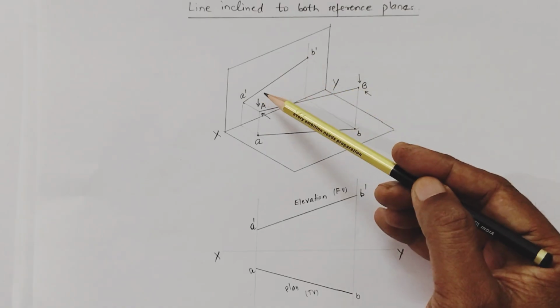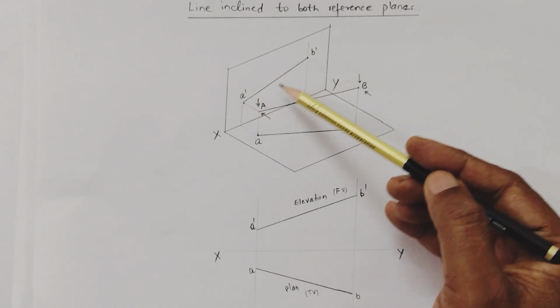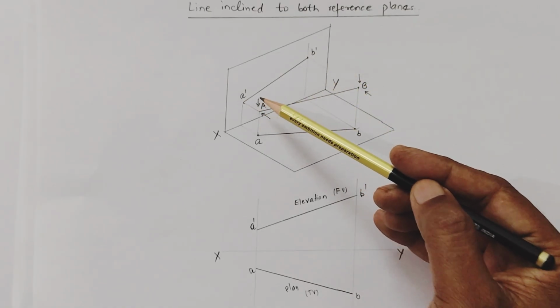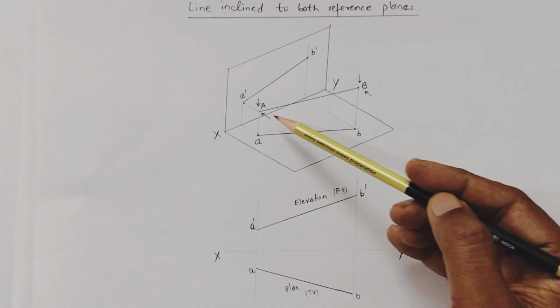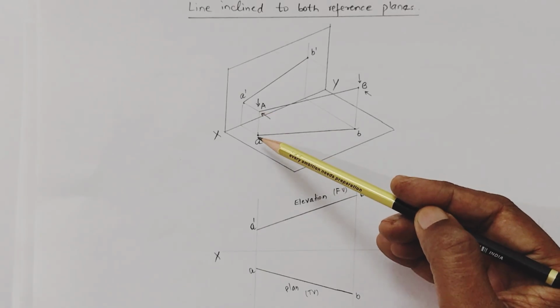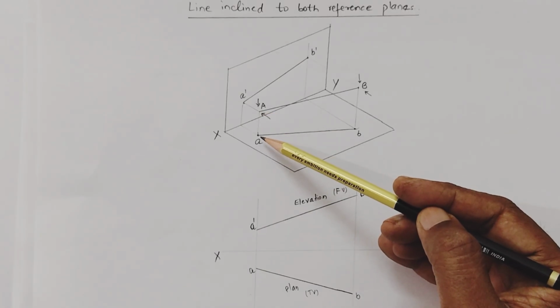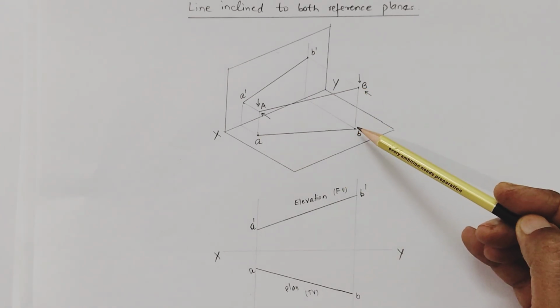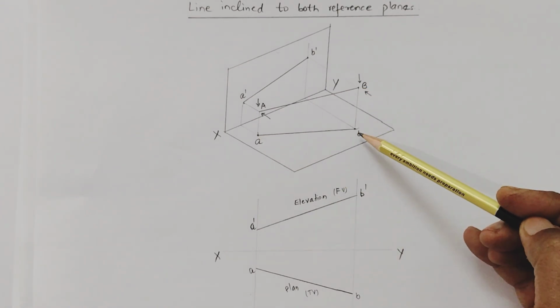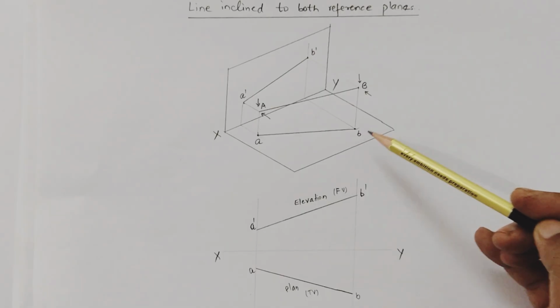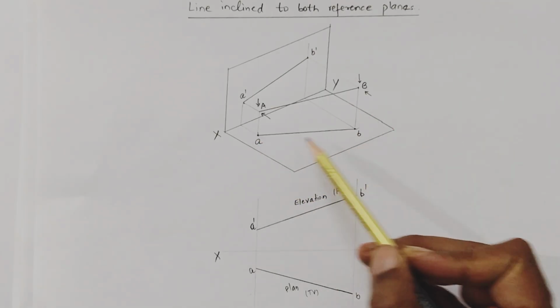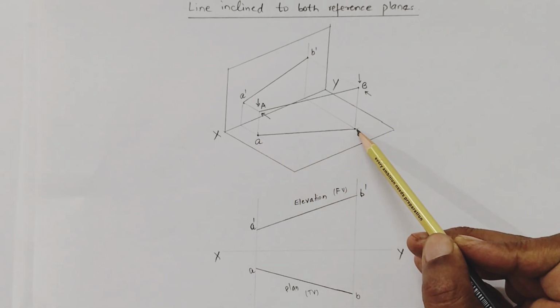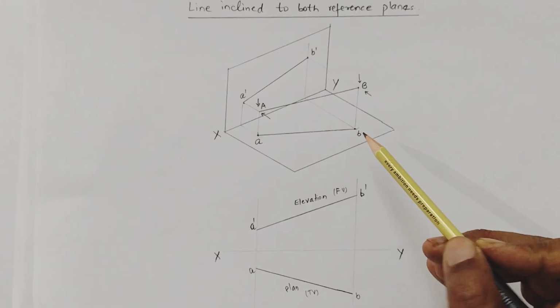This is the front view; join these two points and we get the projection of the line in the front view. Similarly, when viewed from the top side, the projection of point A will lie over here on the horizontal plane, so mark point a. Similarly here we will mark point b for the top view of the projection of point B. Join these two points; this is the top view of the line.